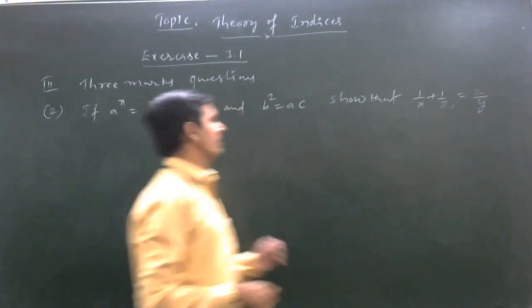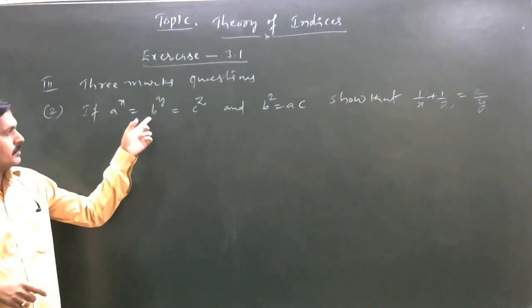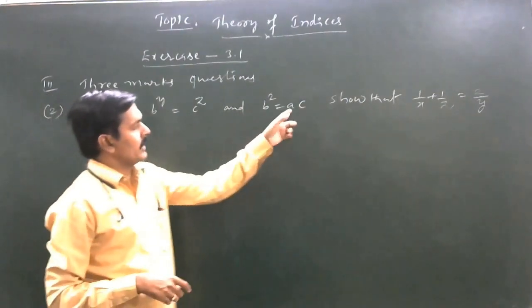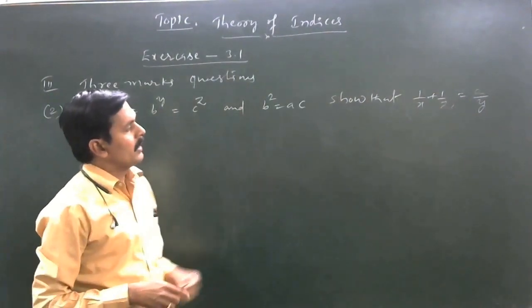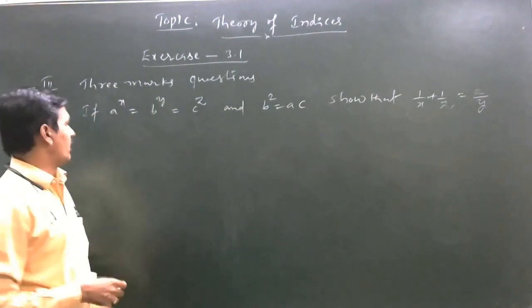Here a power x equals b power y equals c power z and b square equals ac, then to show that 1 by x plus 1 by z is equal to 2 divided by y.